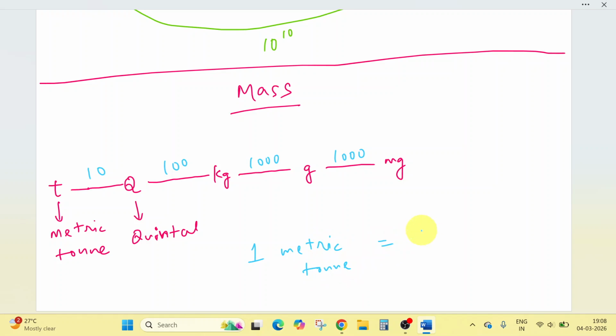1 metric ton equals 10 quintal, or you can write 1000 kg.